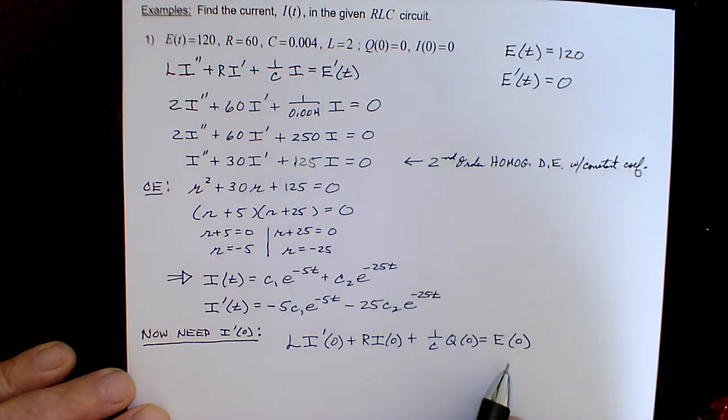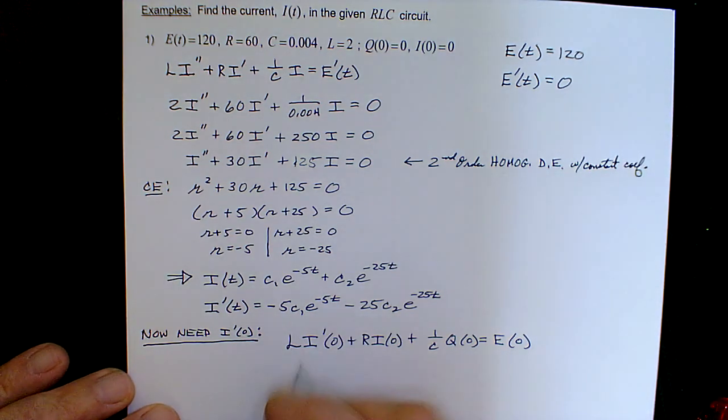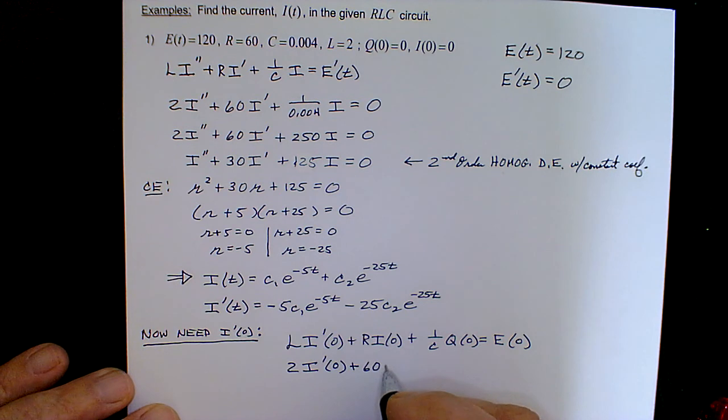Notice that's E of 0, not E prime of 0. So let's substitute. We know L is 2, I prime of 0 is what we're looking for, the R was 60, I of 0 was known to be 0.